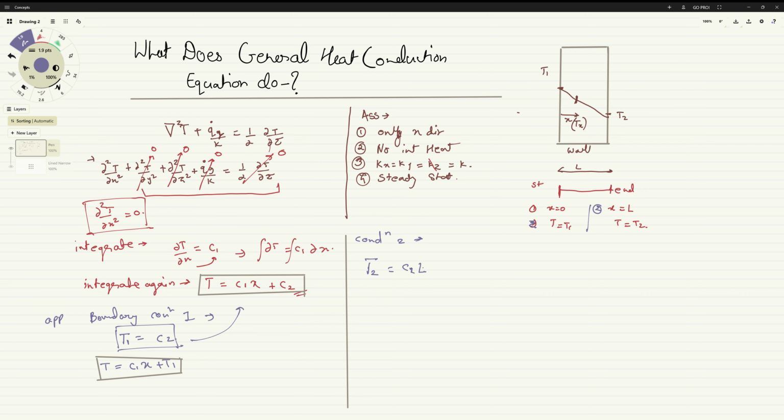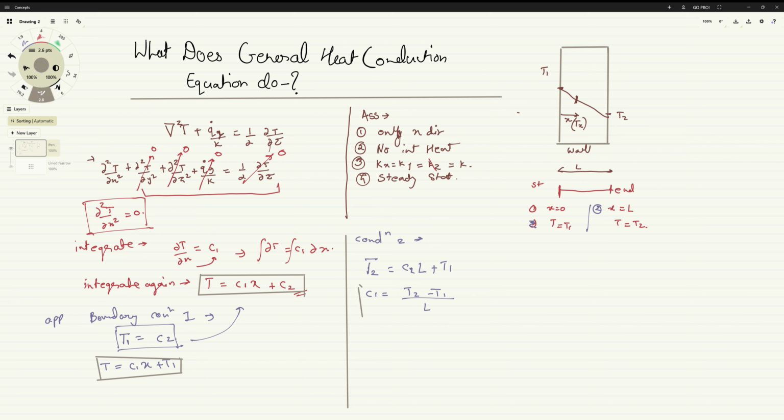From this equation, we can find the value of C1, which is C1 equals (T2 minus T1) upon L. This is pretty much it.